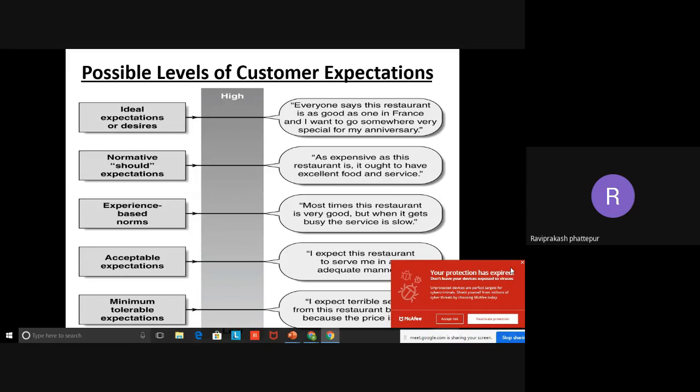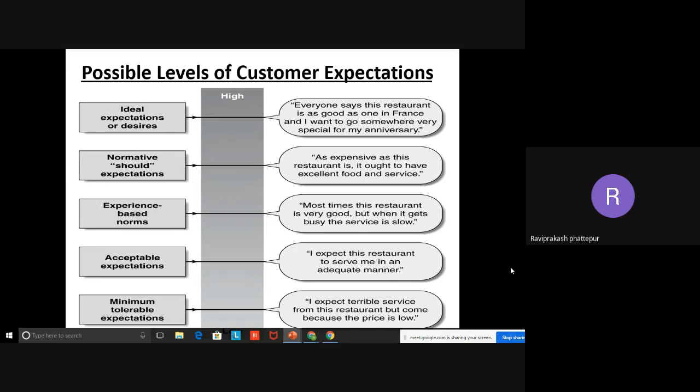So here it says most times this restaurant is very good, but when it gets busy, the service is slow. Here we are having an expectation based on the experience. What does the person mean by this? He says, most of the time they serve you a bit slow or they delay your service. That is what experience based norms are.